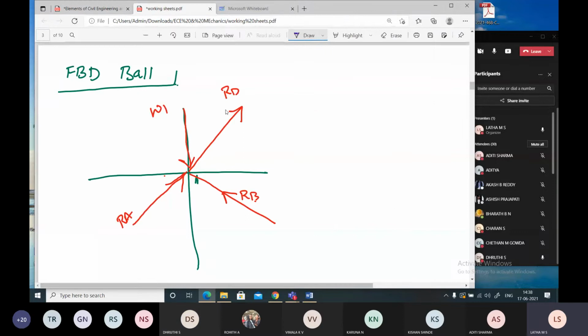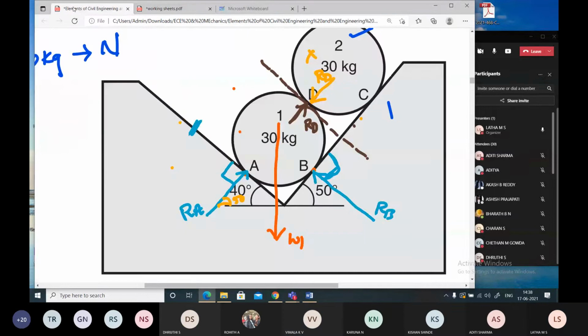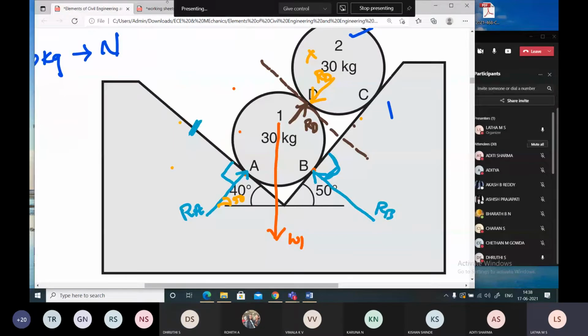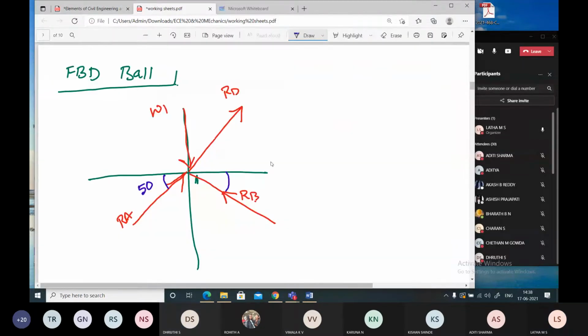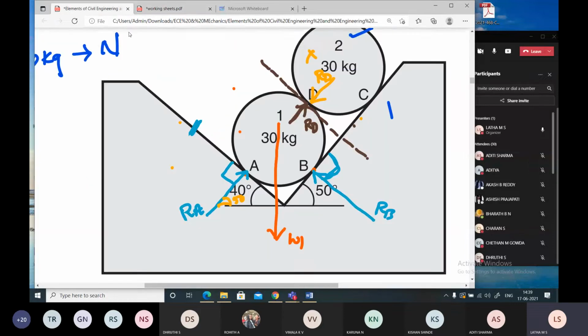Now you find this RA at an angle of, what is the angle you said? 50 degree. And what is this RB angle? 40, ma'am. Very good. 40 degree. And what is this RD angle?